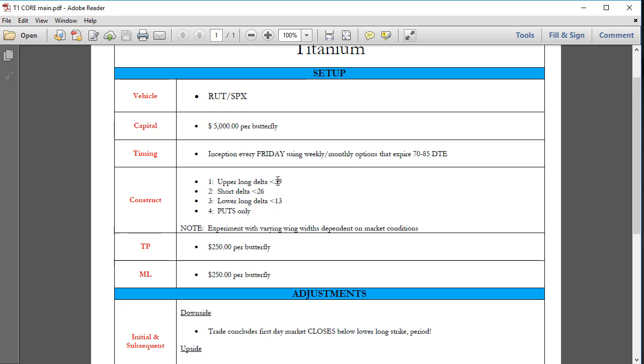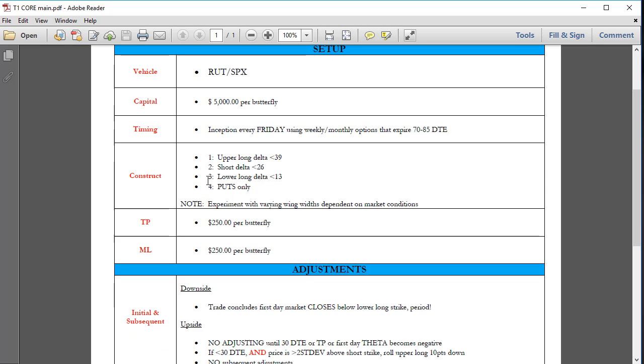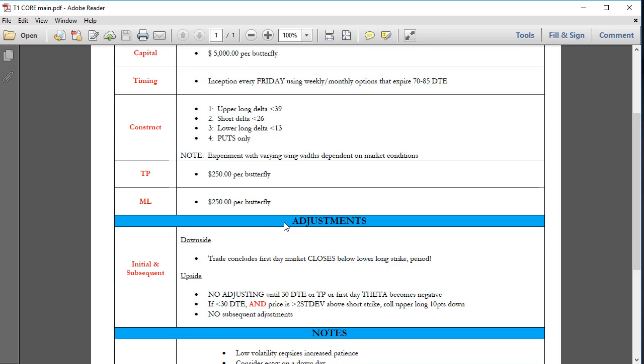Upper long delta is at 39. The short delta is less than 26. Lower long delta is 13. We're using the puts only. Our take profit is $250 per butterfly. Maximum loss is $250 per butterfly.